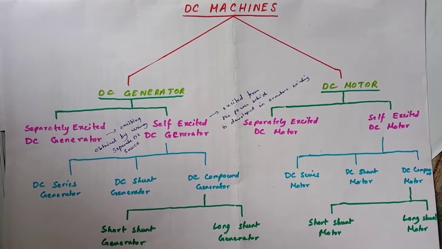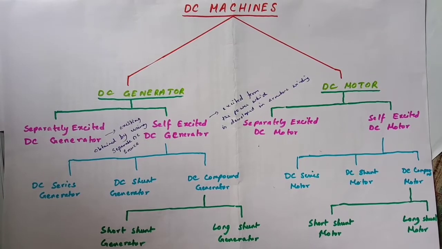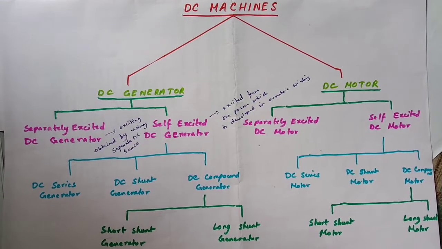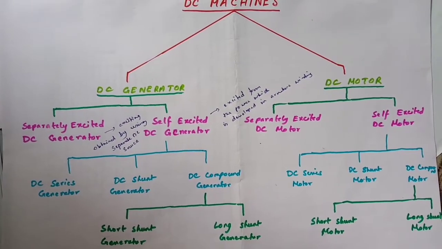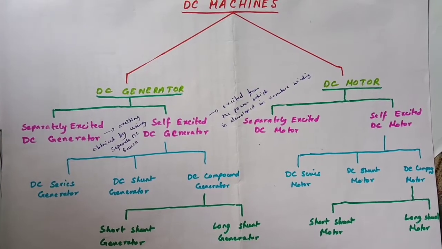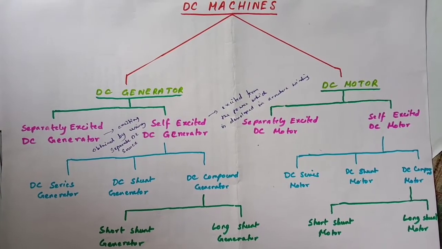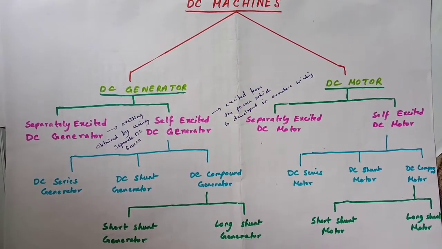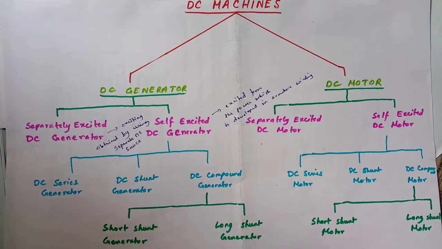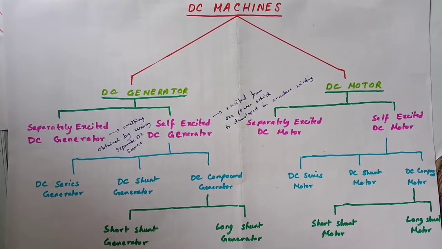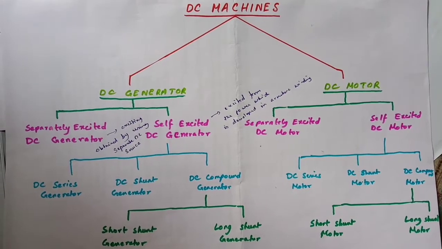This self-excited DC generator or motor can be further divided into three types: DC series generator or DC series motor, DC shunt generator or DC shunt motor, and DC compound generator or DC compound motor.